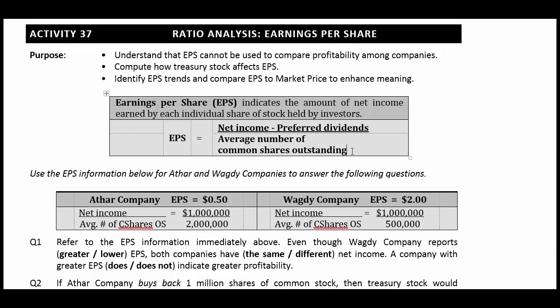But Attar has 2 million shares outstanding, whereas Wagdi only has 500,000 shares of common stock outstanding. So both companies have the same profitability, but therefore Attar's earnings per share will only be 50 cents, and Wagdi's earnings per share will be $2.